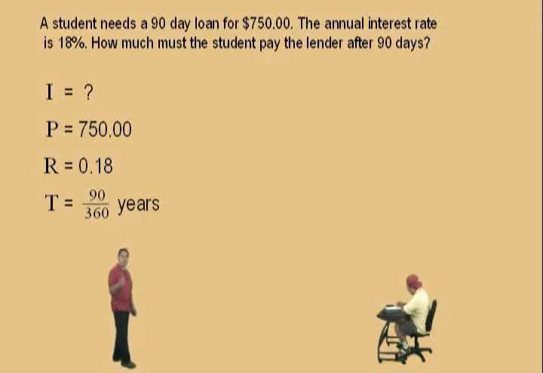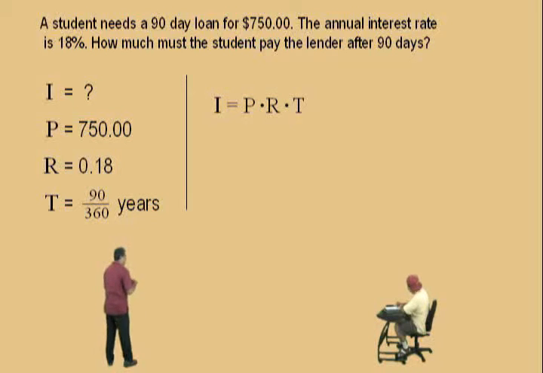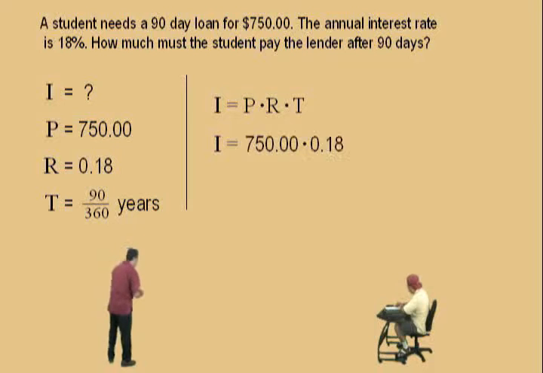So we're going to do conversions in the next lecture, by the way, so we'll talk more about this conversion there. Now, here's our formula. I equals our principal, which is $750, our interest rate, which is 0.18, and our time in years. Now, Charlie, what's this quotient? 90 divided by 360. 0.25. Very nice.